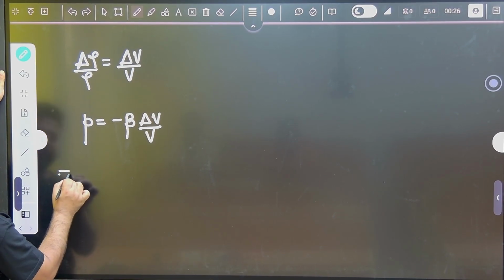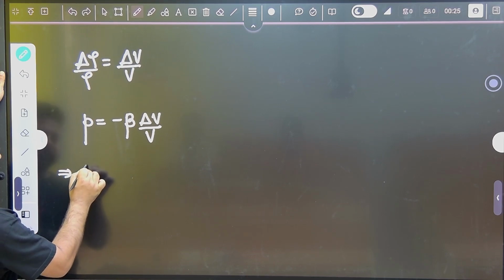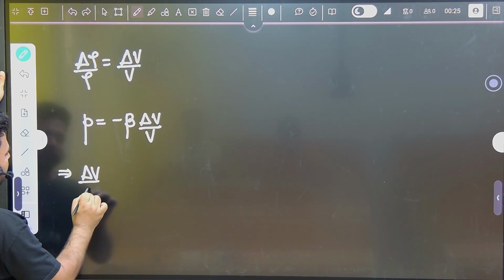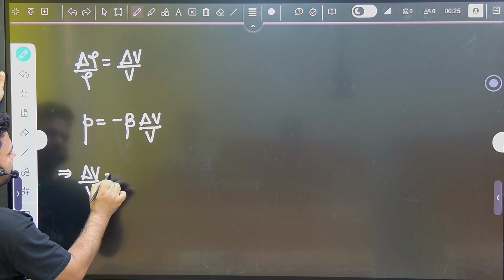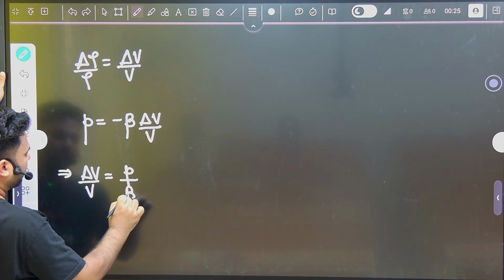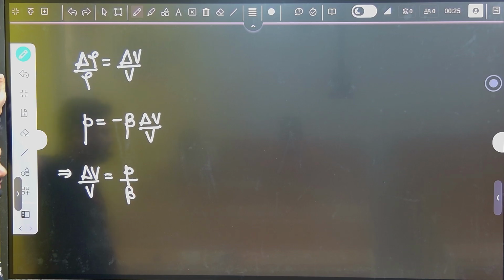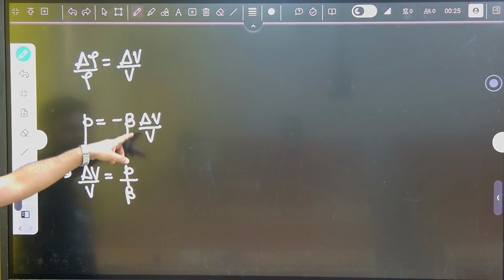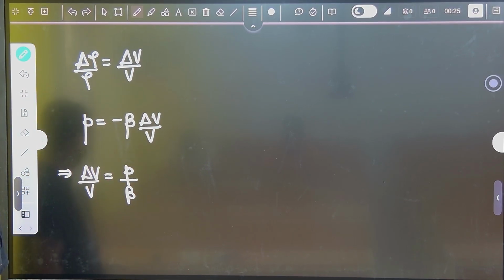So delta V by V will be pressure divided by bulk modulus.